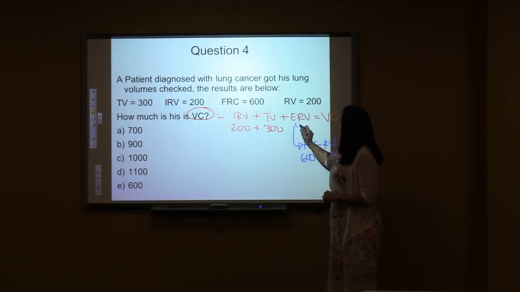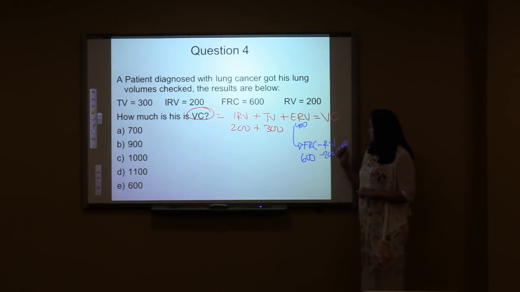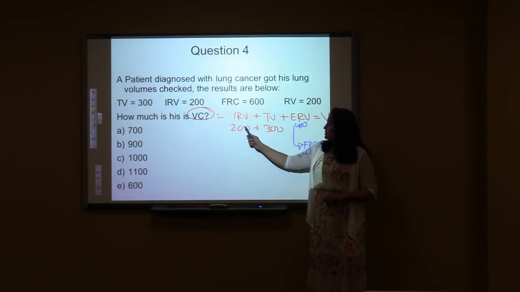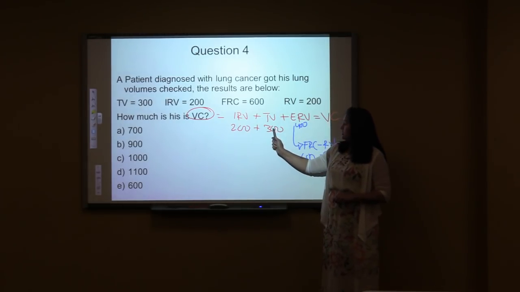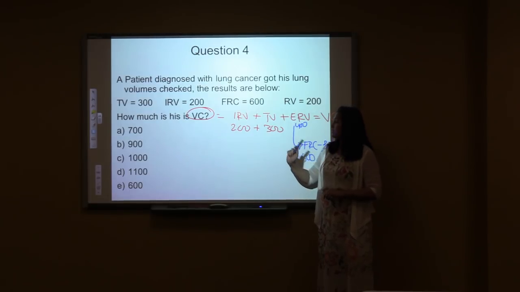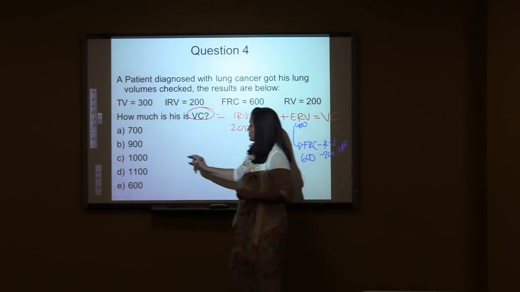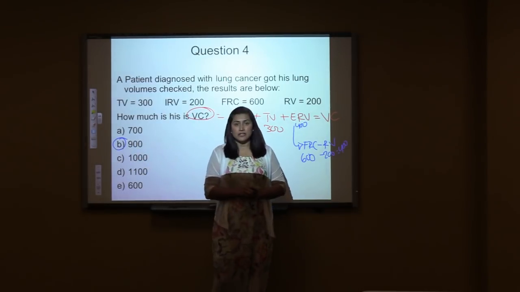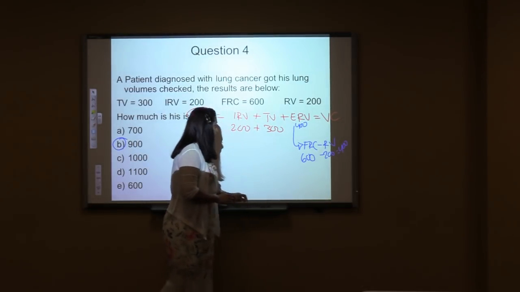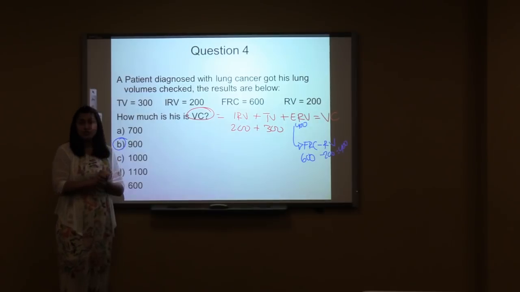So then you can plug in 400 right here, because this 400 is ERV. Then you can add these together. So 200 plus 300 is 500, 500 plus 400 is 900. So the answer is 900. Be able to do this on the exam.